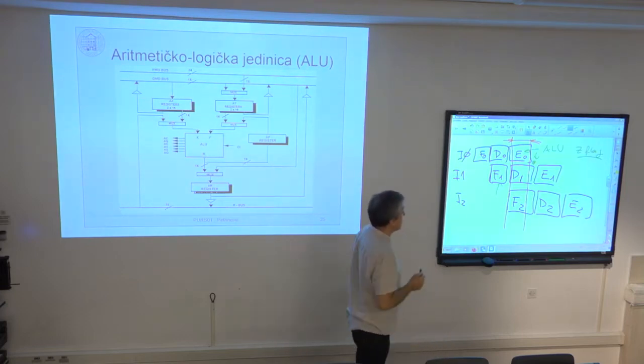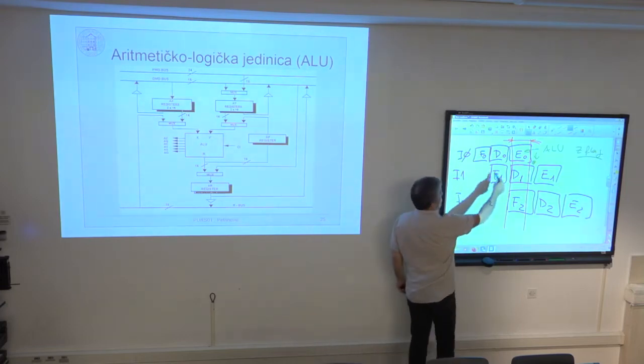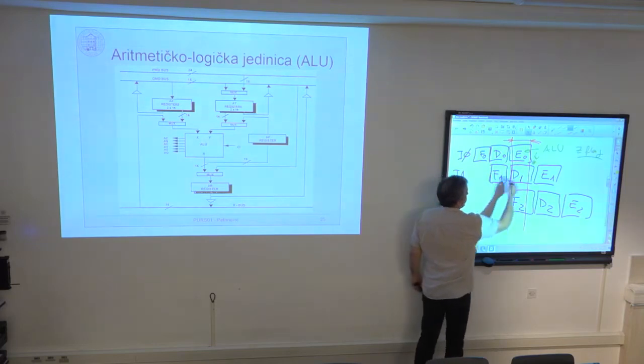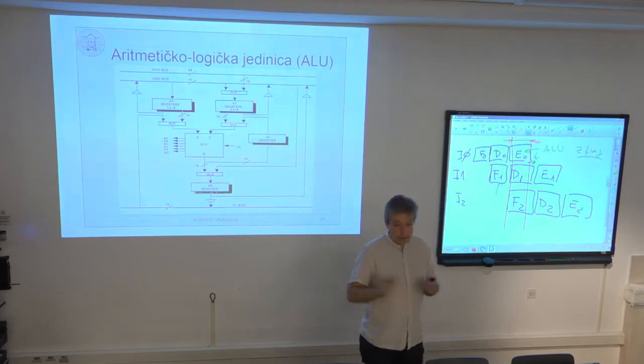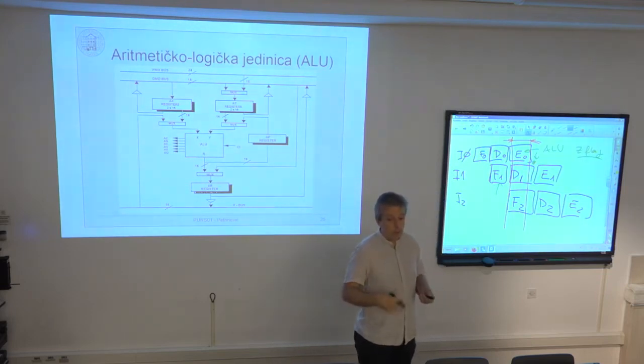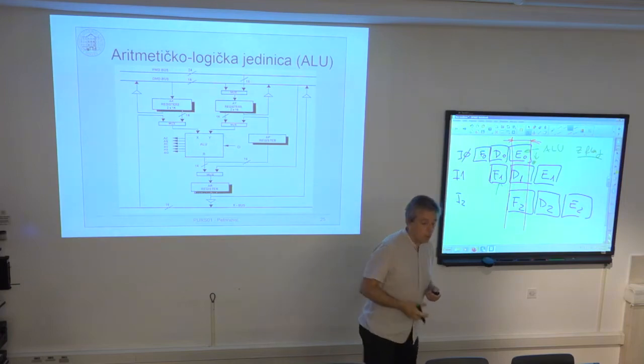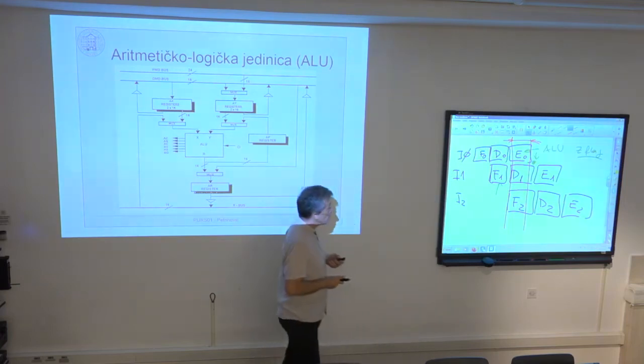So if this instruction is really a conditional jump, then I have to do two NOPs, two no operations. I have a stall in the pipeline. I have to wait until the condition is finally set, and only then can I fetch the next instruction from the proper address, the next address or the branching address.